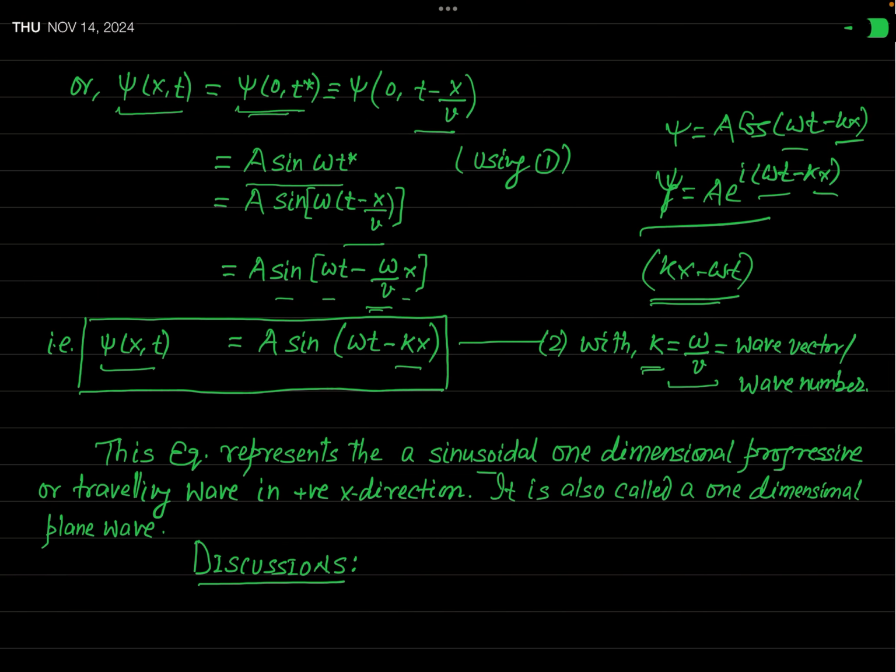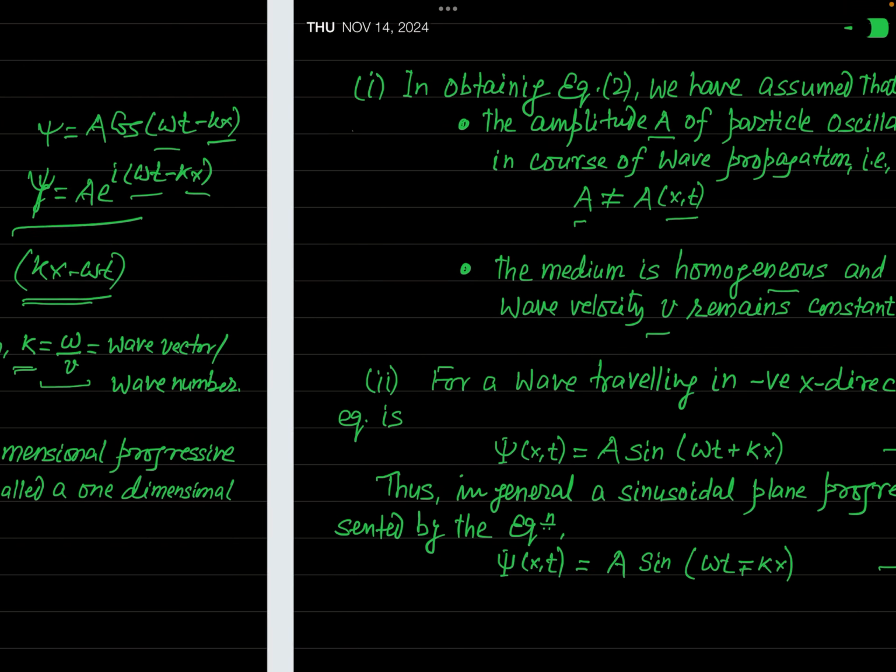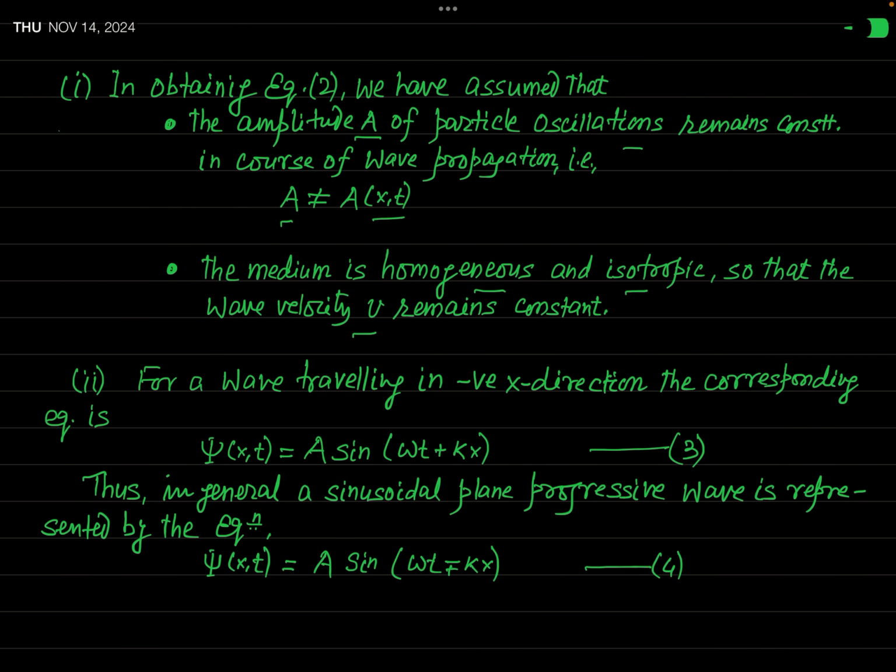Now, this equation, as I have told you, represents a wave traveling in the positive x direction. If you want to write the corresponding equation for a wave traveling in the negative x direction, then simply there will be a plus sign before this k.